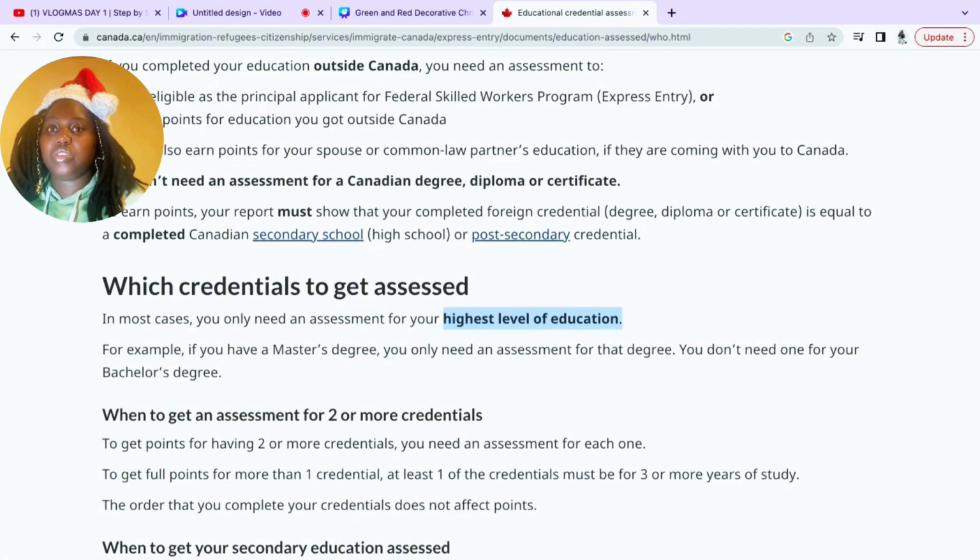You don't need to have a degree to be assessed. You just need an ECA report that says you finished your high school. You might be getting your points from somewhere else. It's more advantageous in terms of points, as we talked about in the first video, but you can get assessed for your highest level of education, whatever it is. If you have a master's degree, there's no need for you to get assessed for your bachelor's.